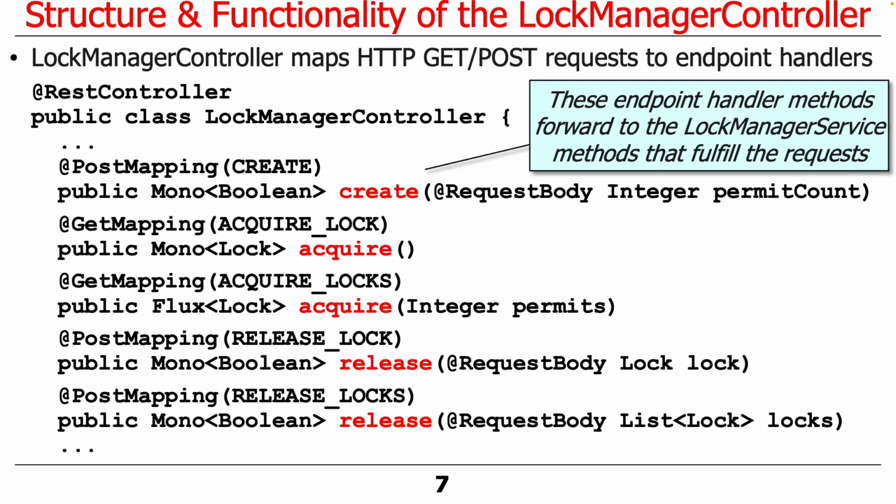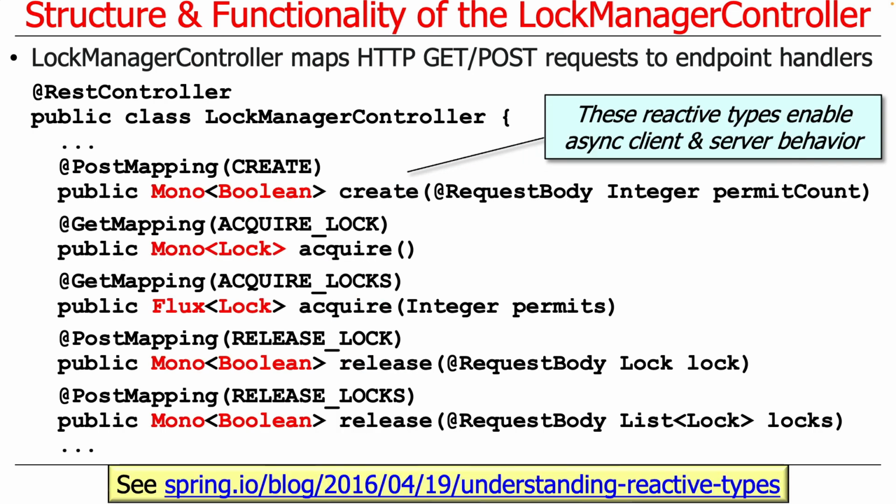And these methods, as usual, are simply going to forward to the corresponding methods in the LockManager service, after first taking things from HTTP format and turning them into Java format. That's what the controller does, among other stuff. Now, one thing to notice here is that the types returned from all these methods are now reactive types.